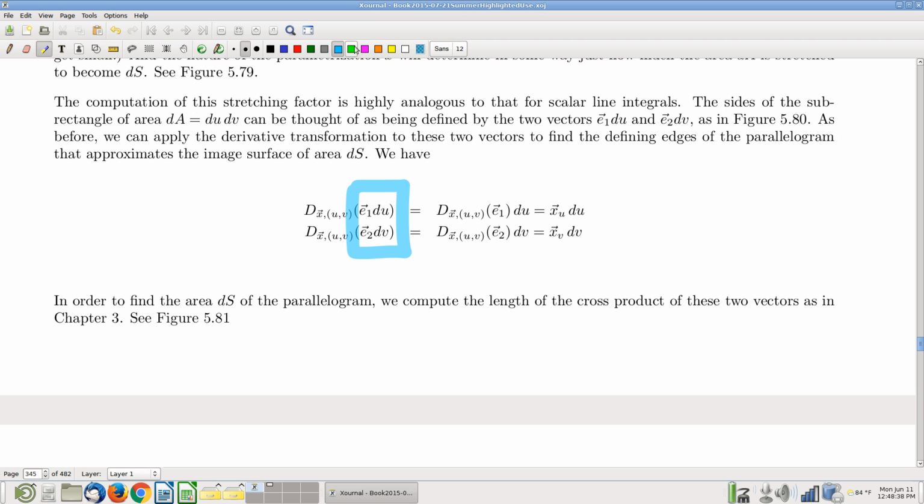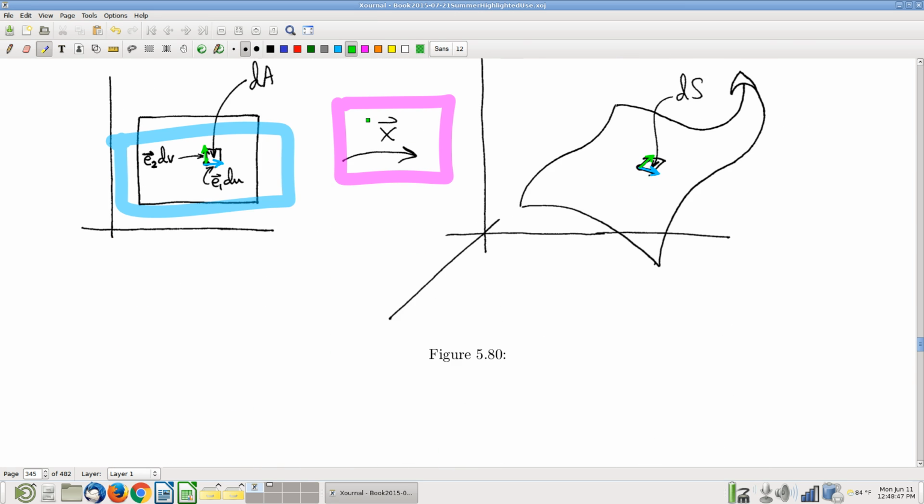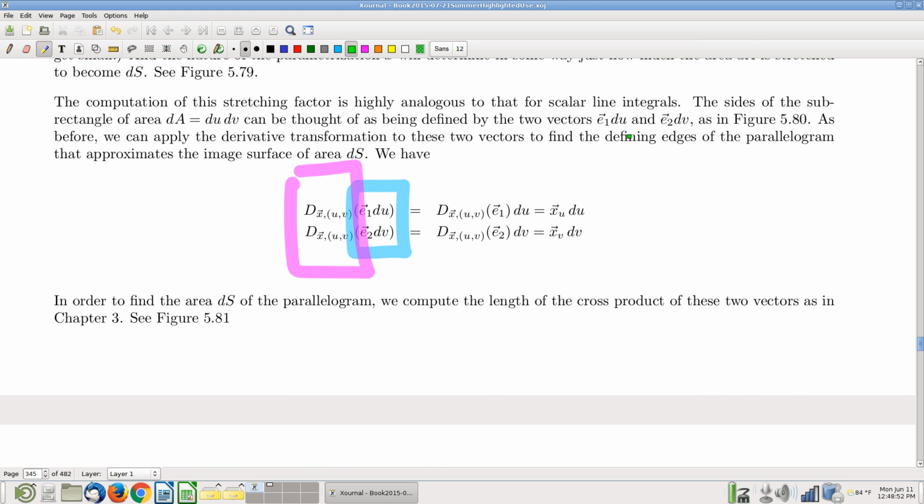We plug those into the derivative transformation. And what comes out then will be our output vectors. These vectors I'd like to compute. The edge vectors are, what do you get out of the derivative transformation? So this calculation gives us what we need. And now these calculations here are just reminders of certain facts we already know. We know that scalars can pop out of velocity vectors.